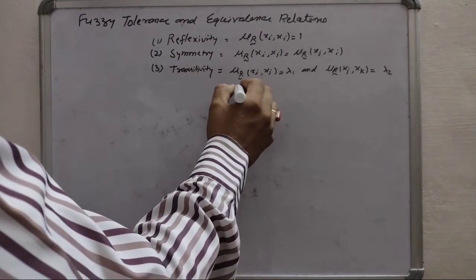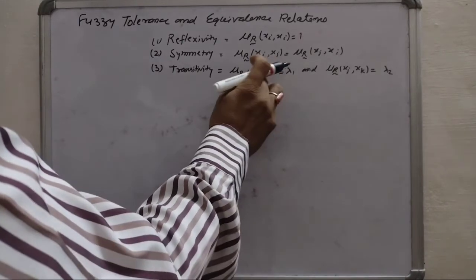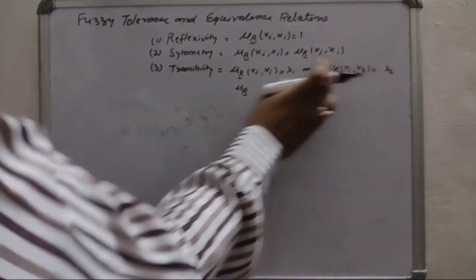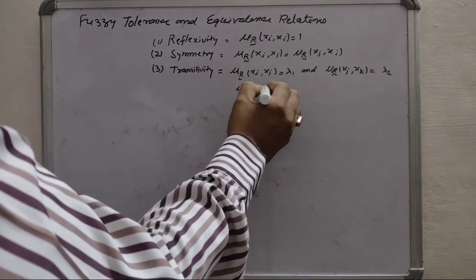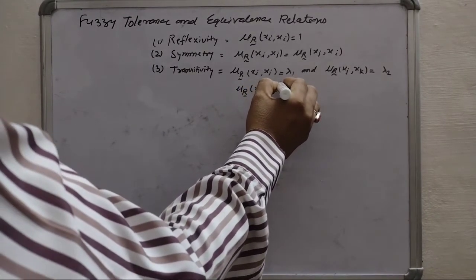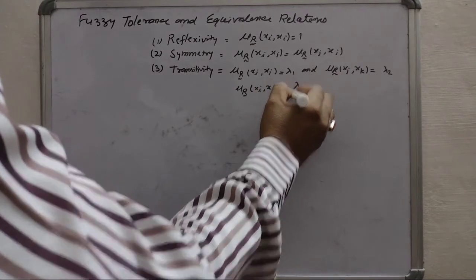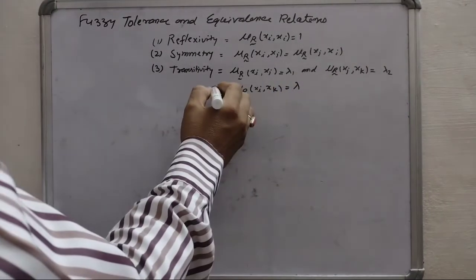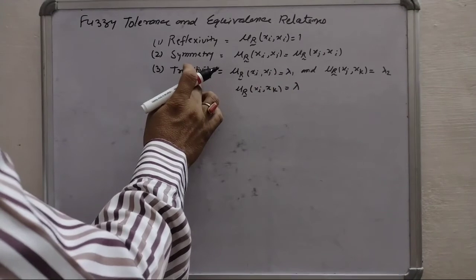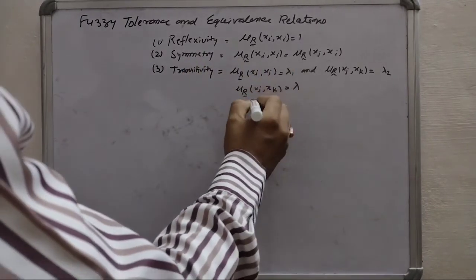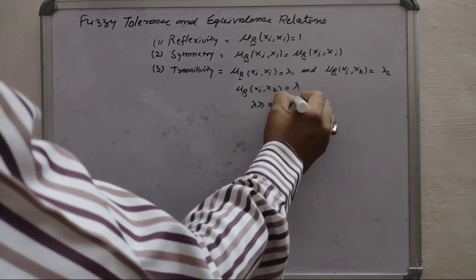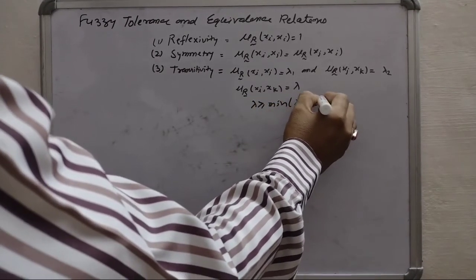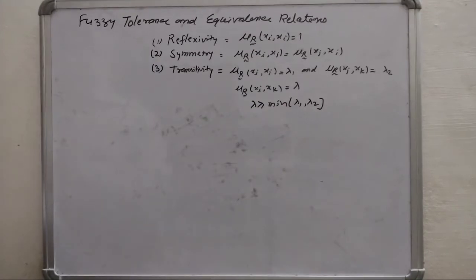Then for ij and jk, we look at ik. So mu r of xi and xk equals, suppose, lambda. Then for the relation to be transitive, lambda should be greater than or equal to the minimum of lambda 1 and lambda 2. This is the condition for transitivity.